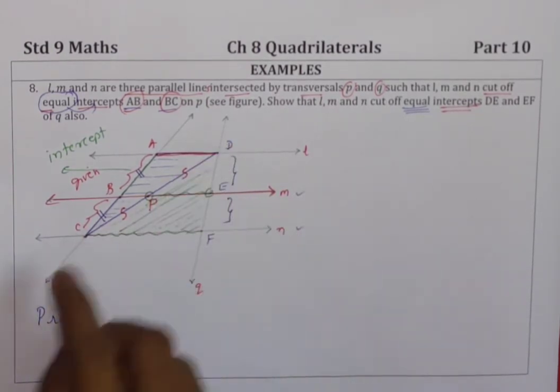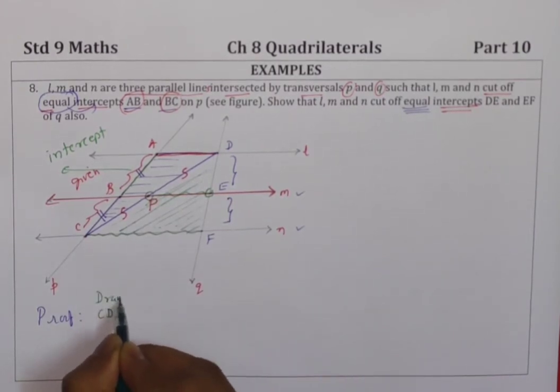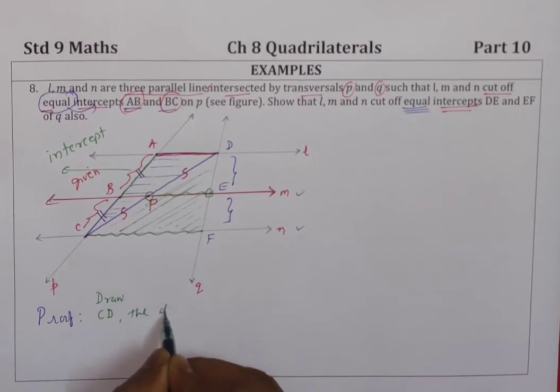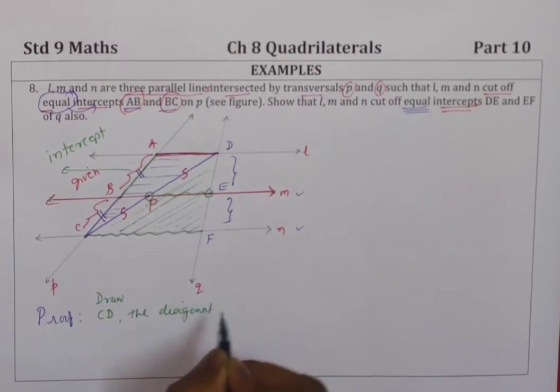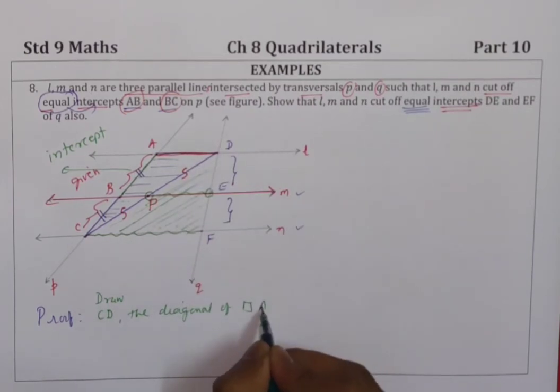So first we draw a diagonal. Alright? Draw CD, the diagonal of quadrilateral ACFD.